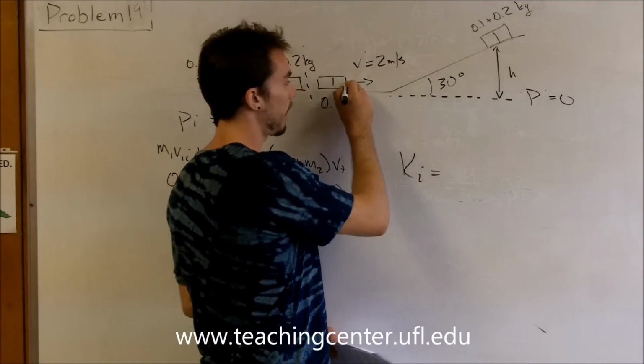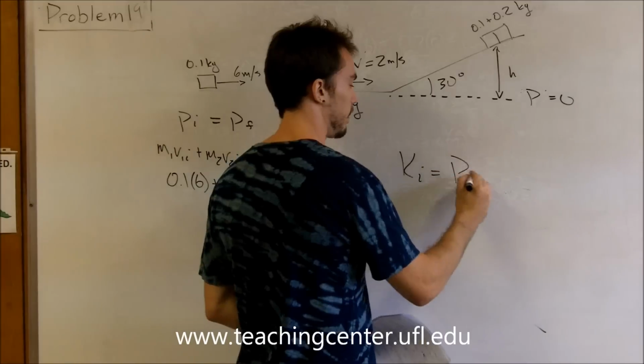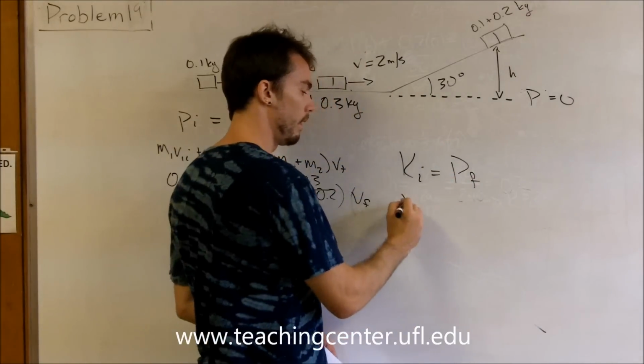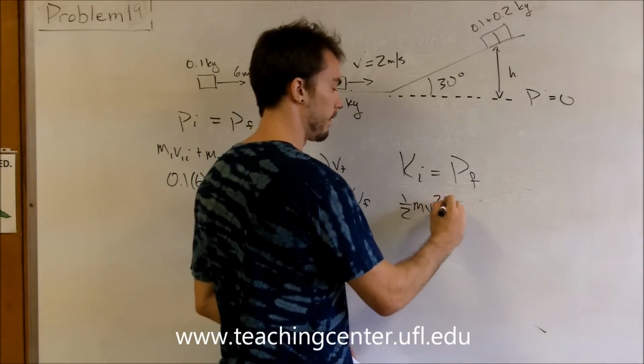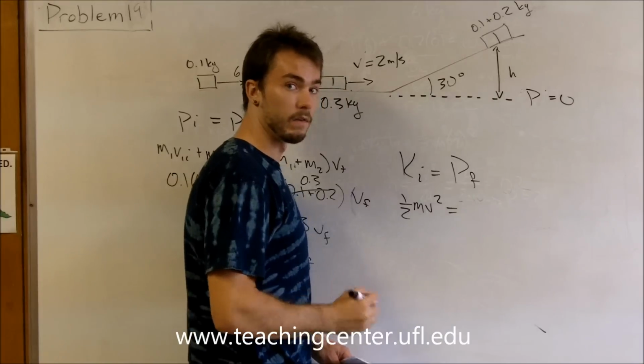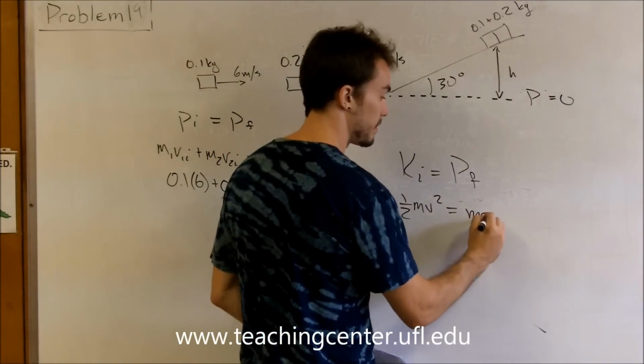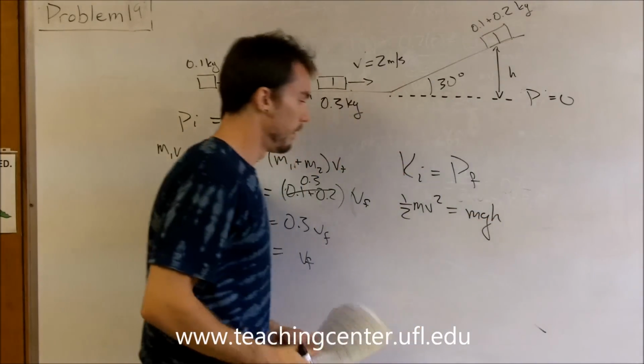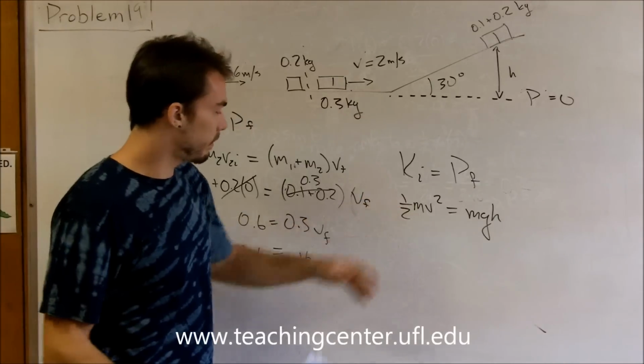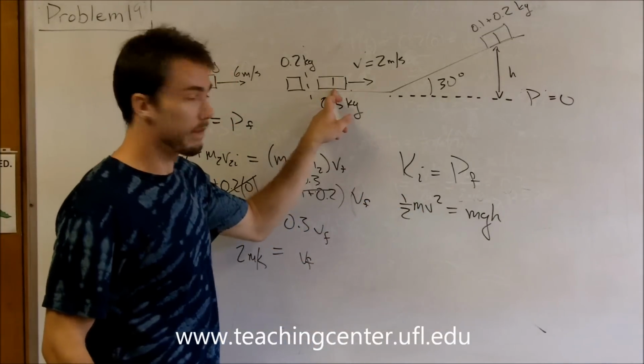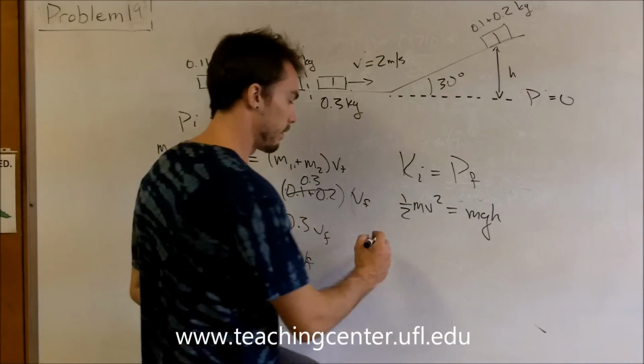So our initial kinetic energy right here turns into our final potential energy. We know our formula for kinetic energy is 1/2 mv squared. We know our formula for potential energy is mgh. Now, 1/2 mv squared, the velocity it starts out with after the collision, we already calculated, so that's going to be 2.